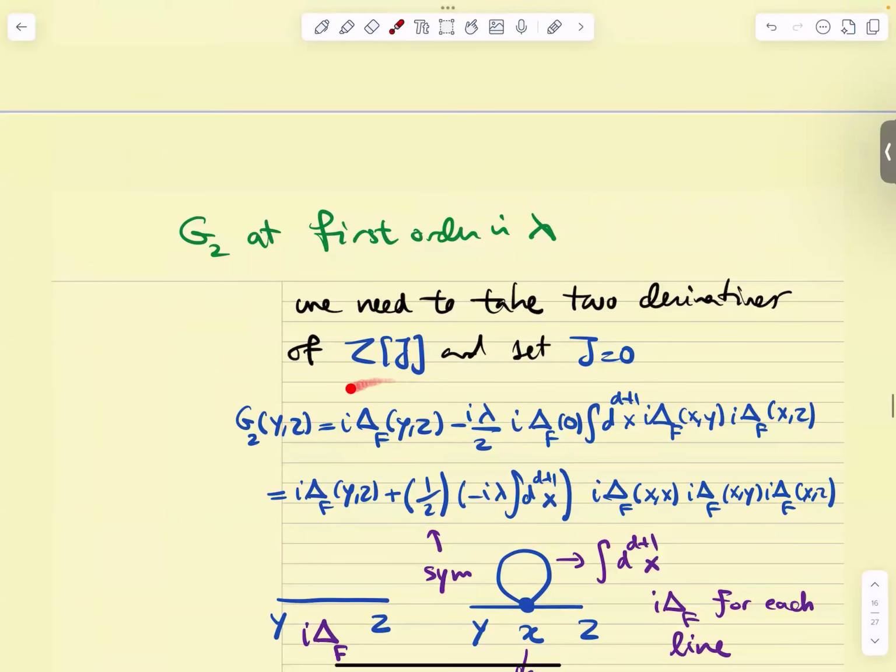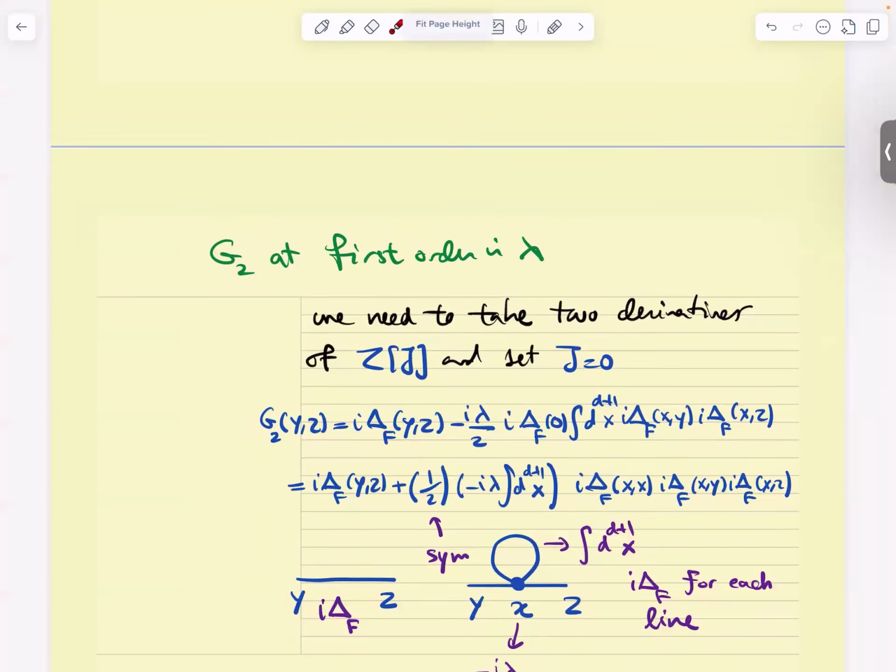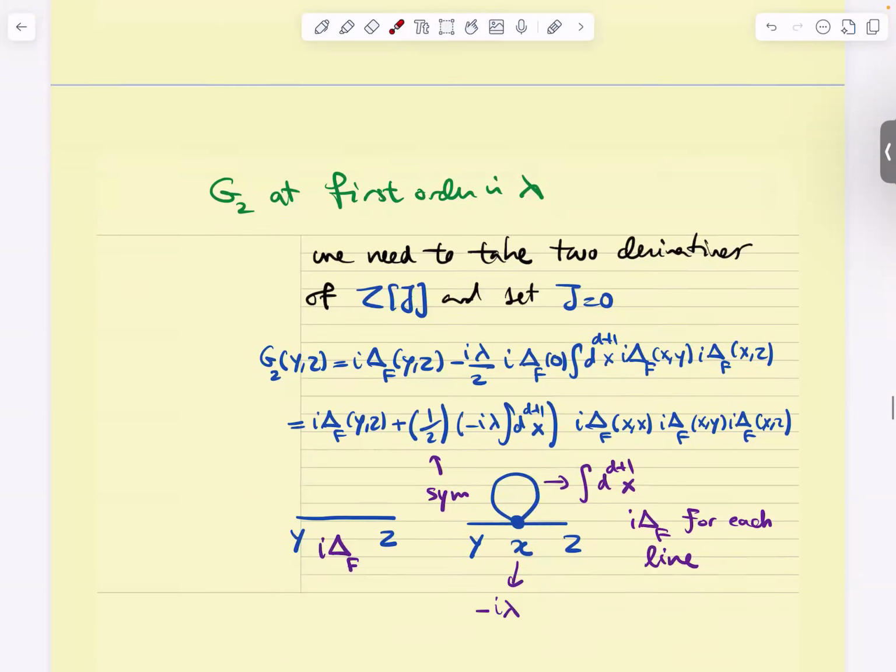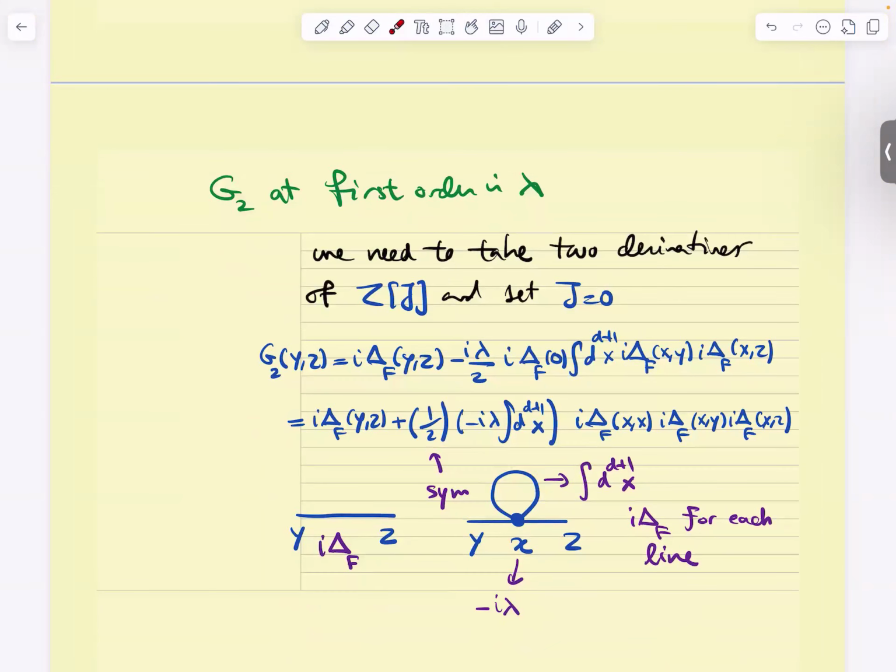You get the good old free propagator minus i lambda over 2 i Δ_F(0) times this integral. Diagrammatically, what does this look like? It looks like this was your old propagator. Now you have a point x in the middle and you're doing a loop over this. These are Feynman diagrams in real space.